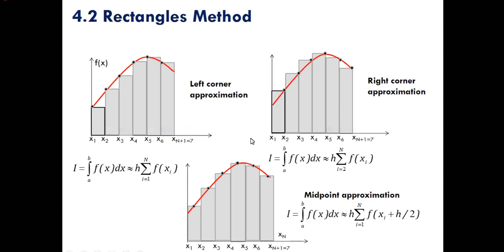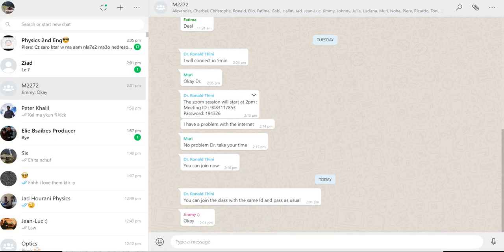We saw that for the rectangle method, if we have points going from 1 to N plus 1, you have N sub-intervals.